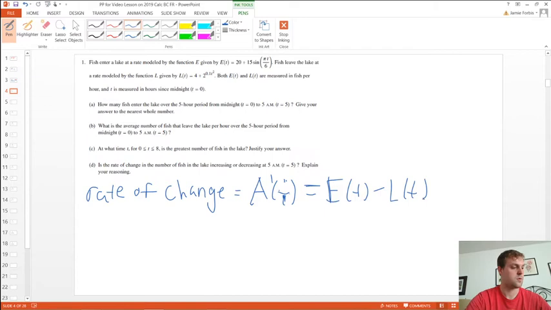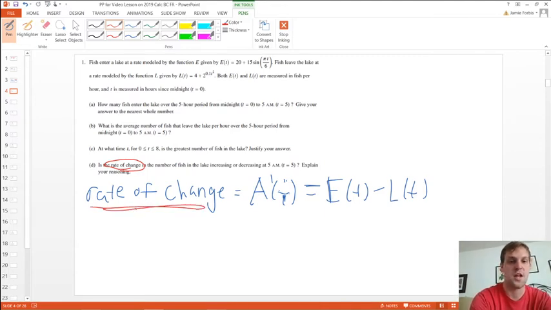So hold on one second. And I realize now I just misread it, because it's not asking is the number of fish increasing or decreasing. It wants to know, is the rate of change increasing or decreasing?